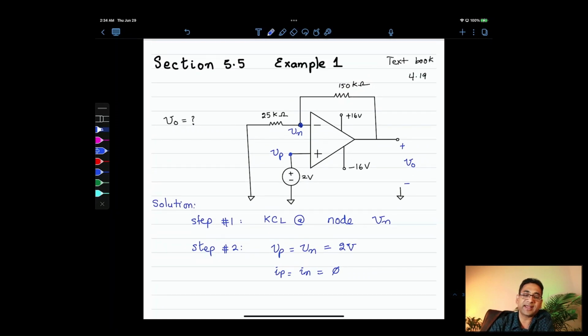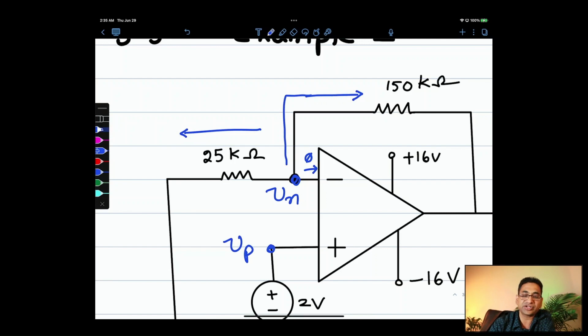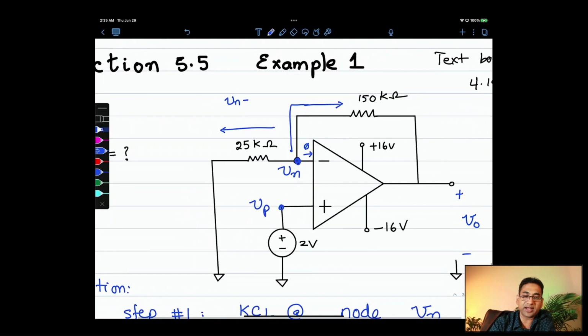Now we are ready to write KCL at node Vn. At node Vn, the current going in this branch plus the current going in this branch plus the current going in here, which is really 0, all those 3 add up. The voltage here would be Vn minus ground, since this guy is connected to ground by 25 kilo.